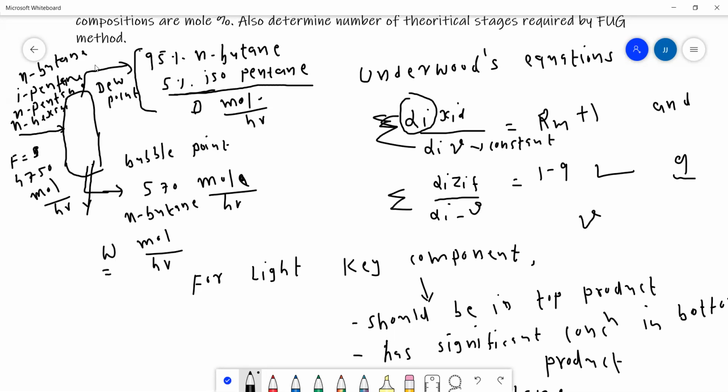Let's first see for this dew point, the top product.